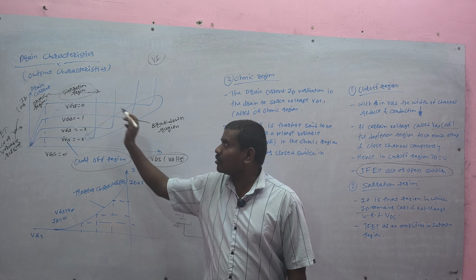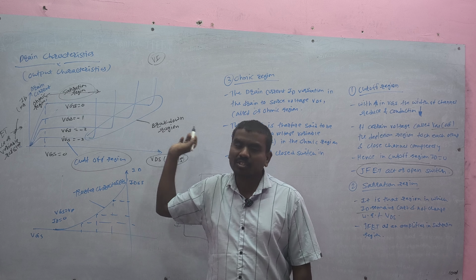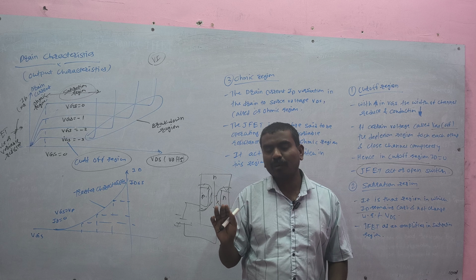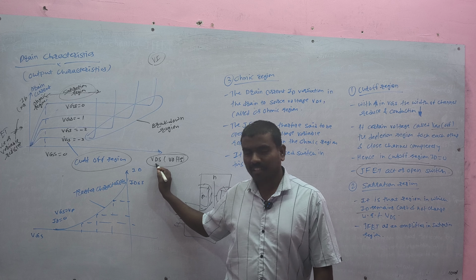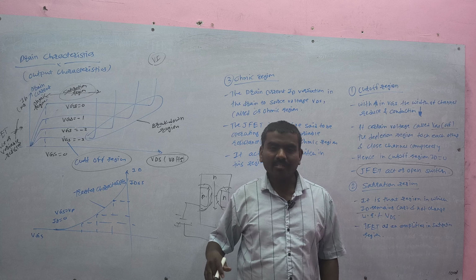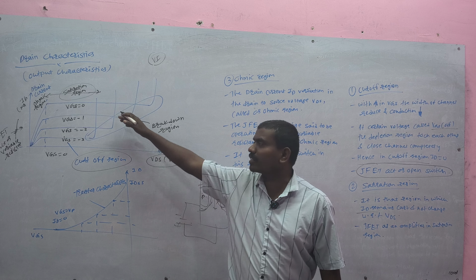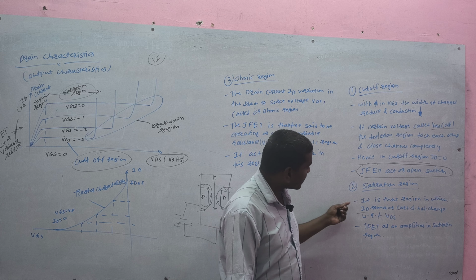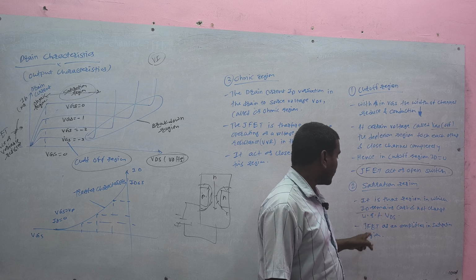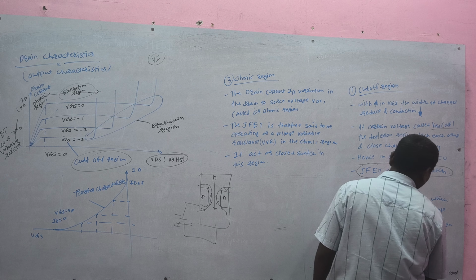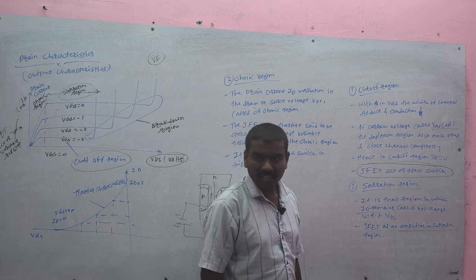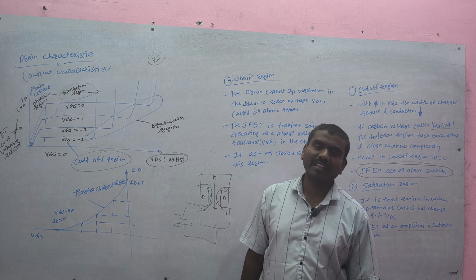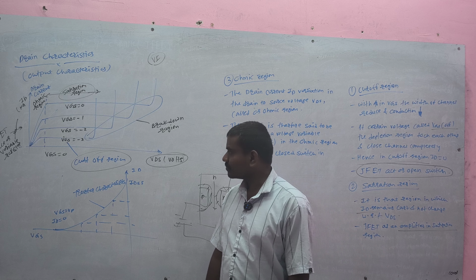It is the region where drain current is constant irrespective of VDS. As VDS changes, it does not affect the drain current. So that region is known as the saturation region. And in the saturation region, JFET acts as an amplifier.